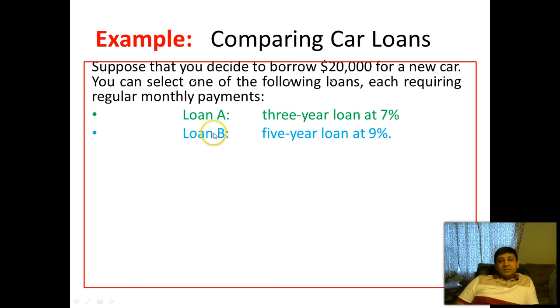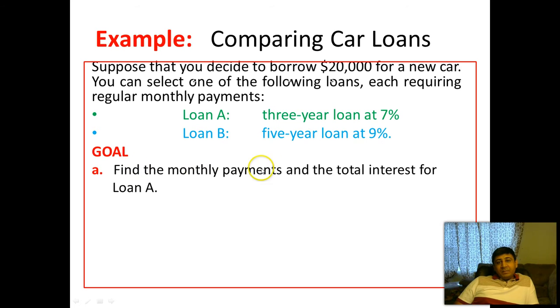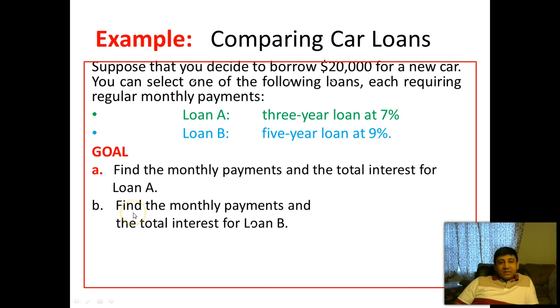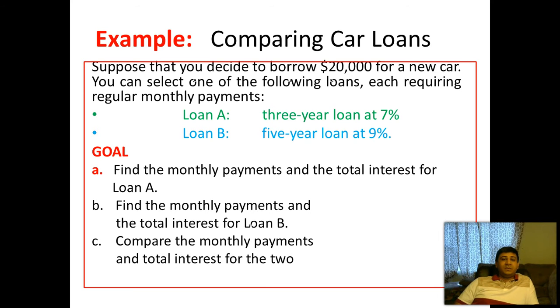The second option is loan B, a 5-year loan at 9%. Our goal is to find the monthly payment and total interest for loan A, so how much our monthly payment will be, and how much interest we will end up paying at the end of 3 years. Then we find the monthly payment and total interest for loan B as well, and after that we'll compare both options and make an educated decision. So that's our first example.